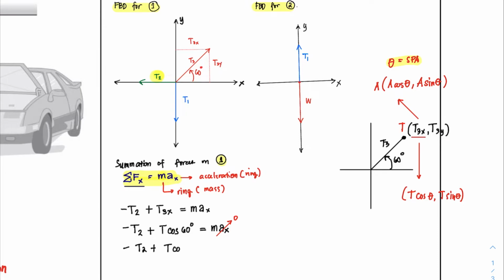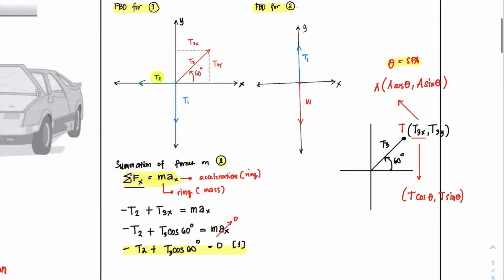So your equation will be reduced to negative T2 plus T3 cosine of 60 degrees equals 0. So you name this as your equation 1. So that's it. You actually have solved already for the first equation for body 1.